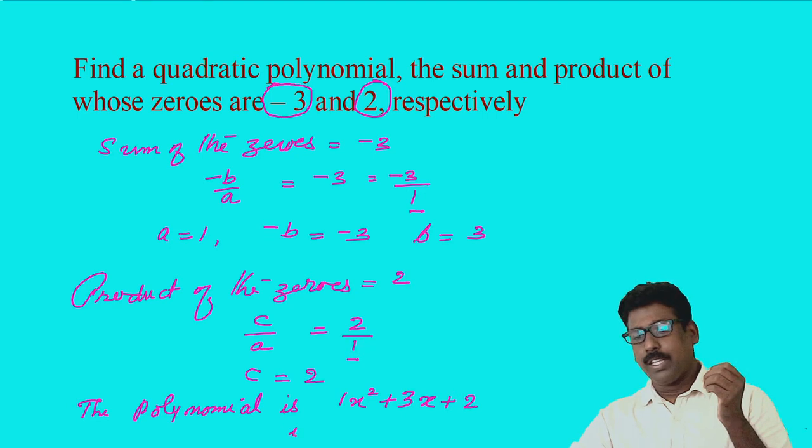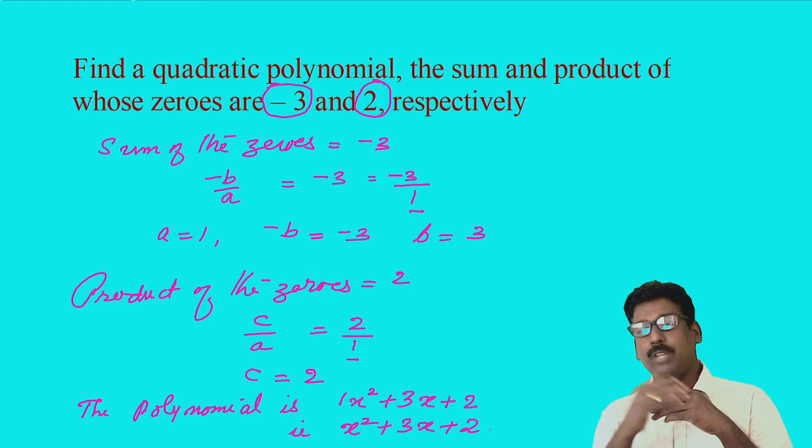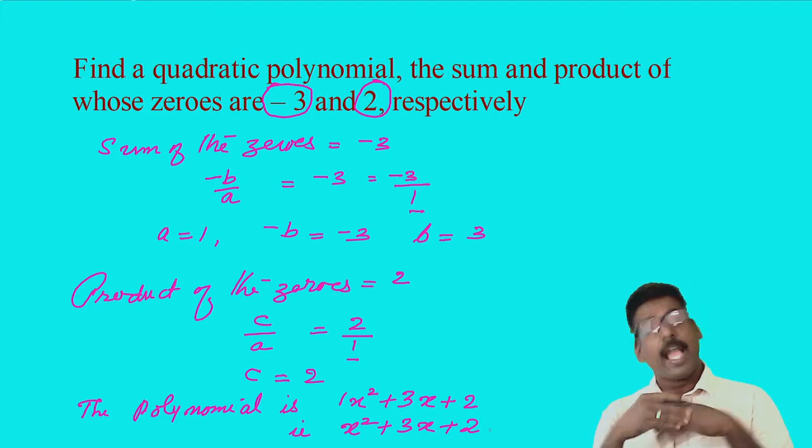Or you can write 1x square as x square plus 3x plus 2. This is the polynomial with the sum negative 3 and product 2. Now let us discuss another question.